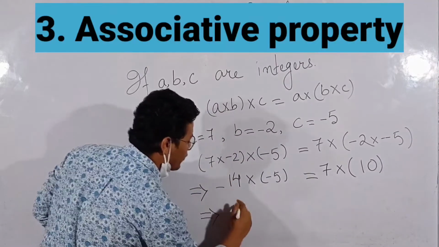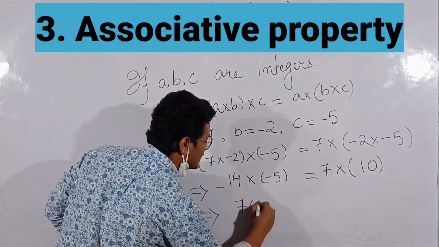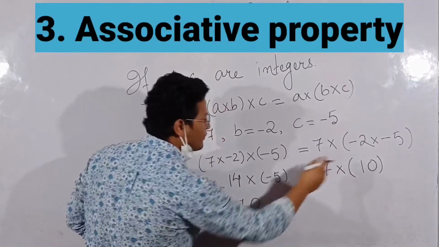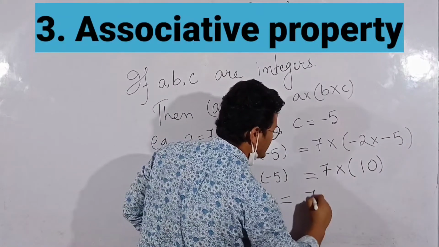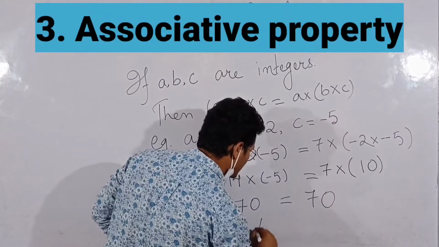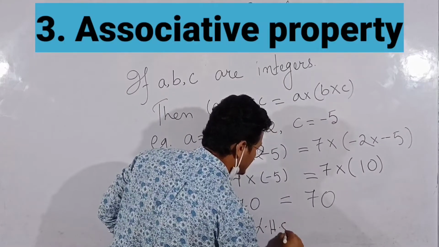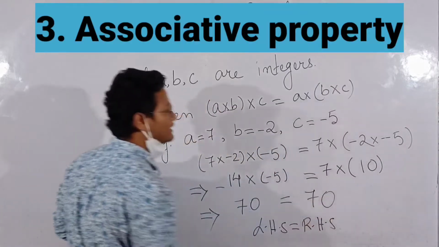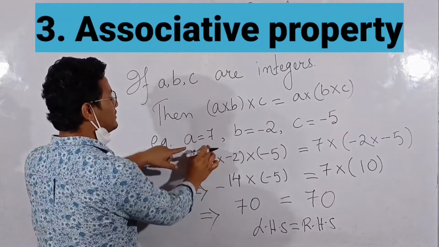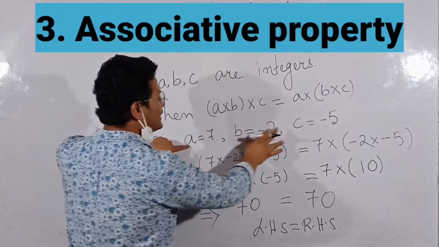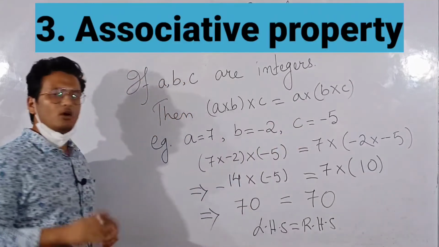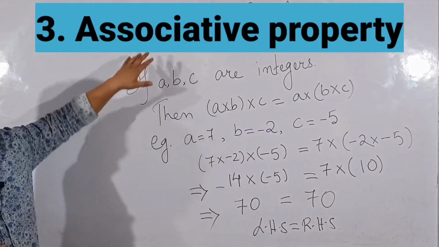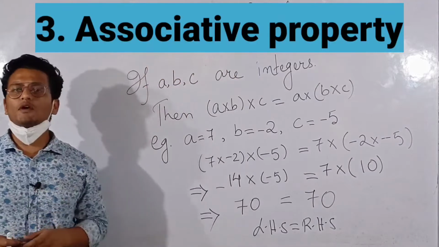Negative into negative is positive, so the answer is 70. On this side also, 7 into 10 is 70. So students, you can see that LHS is equal to RHS, left hand side is equal to right hand side. It doesn't matter whether we do A into B first or B into C first, the answer will always be the same, and this is the associative property, a very important property. Remember it well.